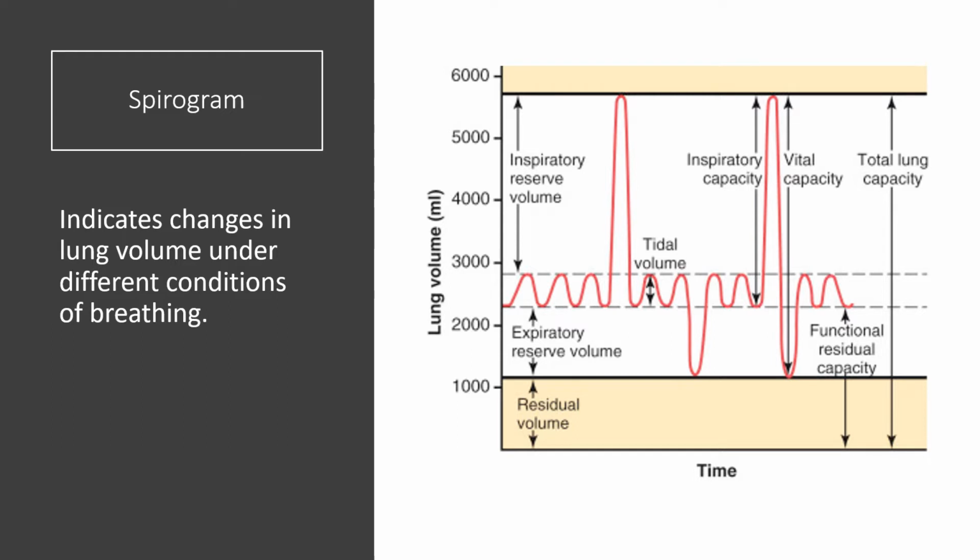And 4 capacities, which are a combination of lung volumes. So we have the inspiratory capacity, the vital capacity, the functional residual capacity, and the total lung capacity. In some cases, they also have the expiratory capacity.